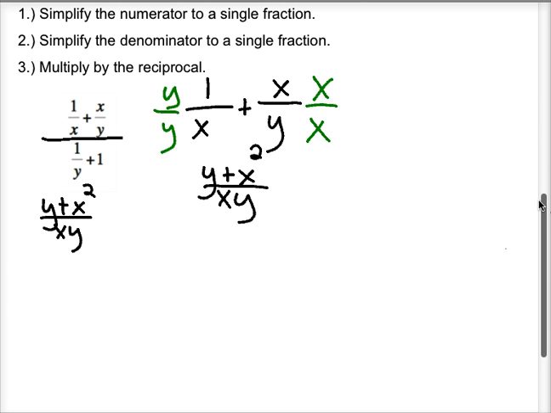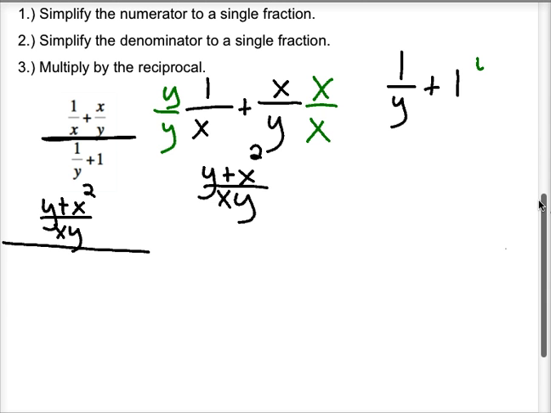Now, I want you to extend this out, make a very long fraction bar, so you know now we're dealing with the bottom. On the bottom, we have 1 over y plus 1. To get a common denominator here, well, the 1 isn't even a fraction, so it doesn't have a bottom that we even have to worry about. That means the 1 over y is already fine.